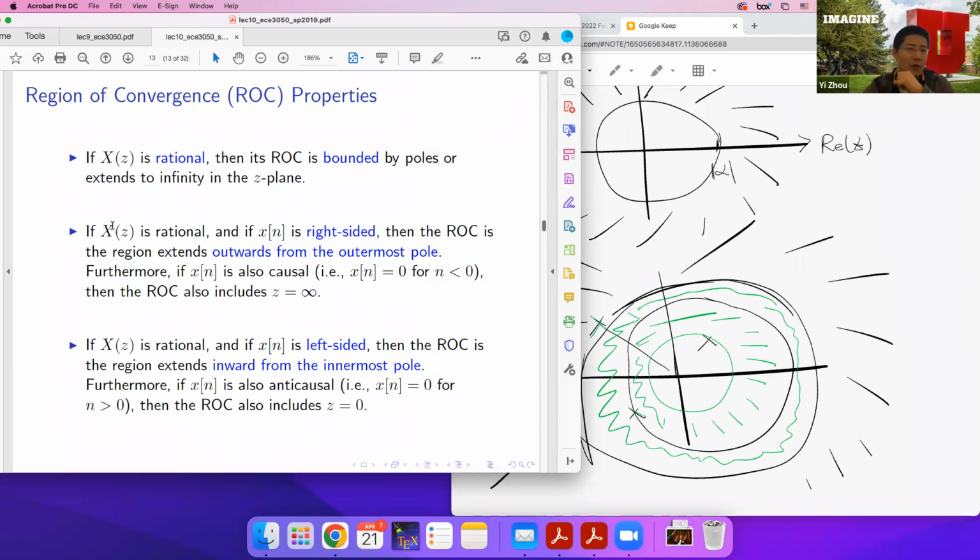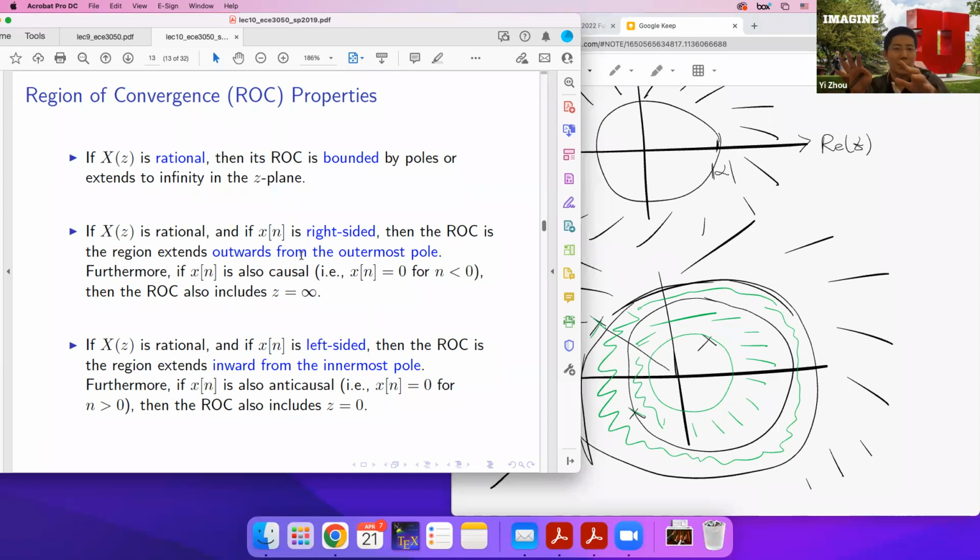And moreover, for a rational Z transform, if the signal is right-sided, then the ROC corresponds to the region that extends outwards from the outermost pole. Because it is right-sided, we know that the ROC is always outward.